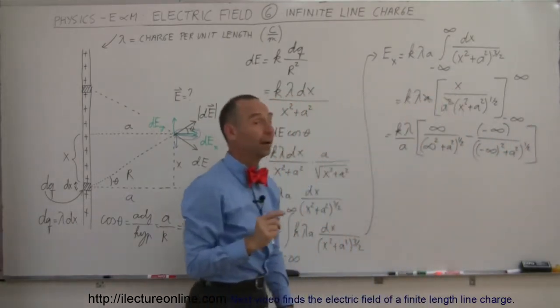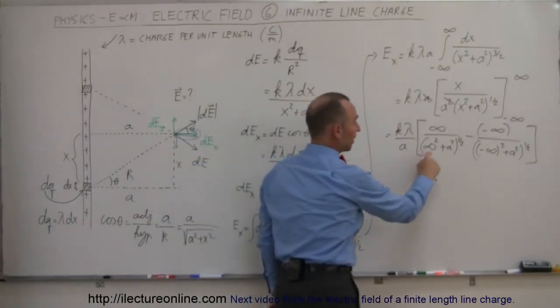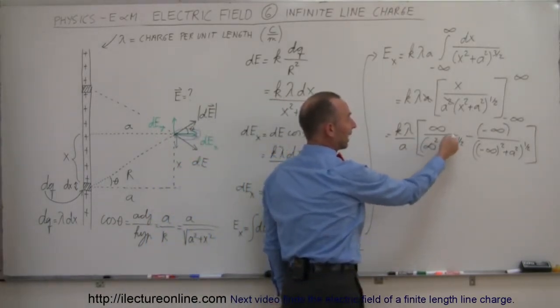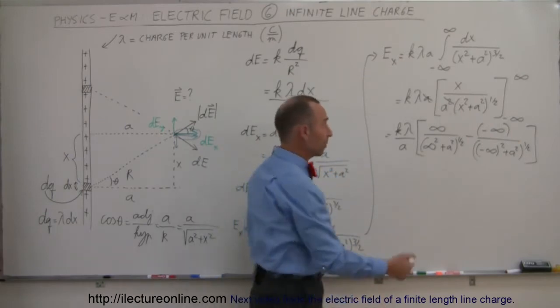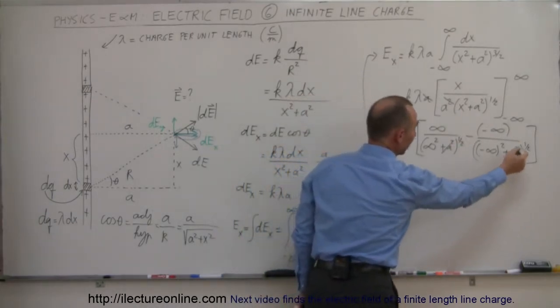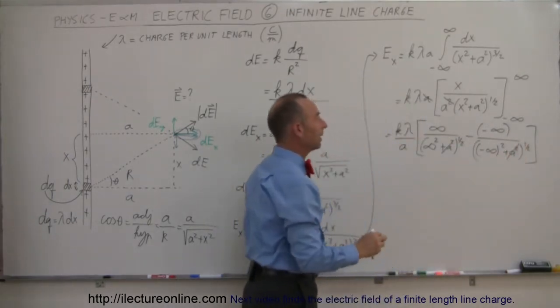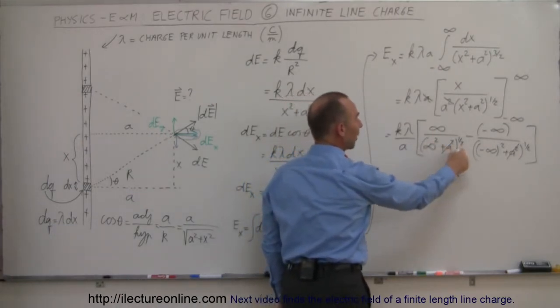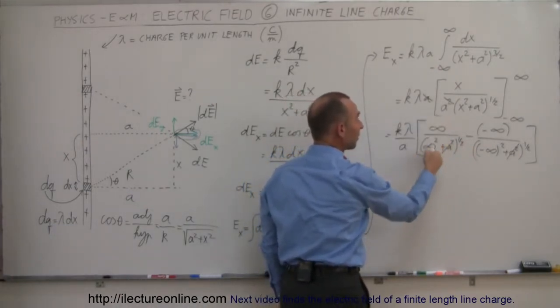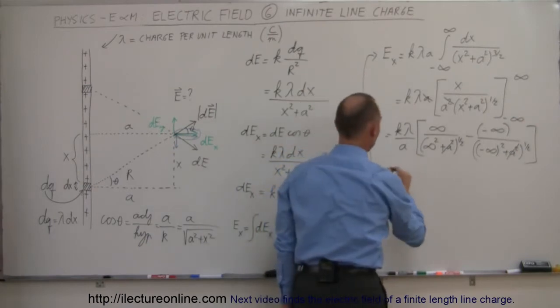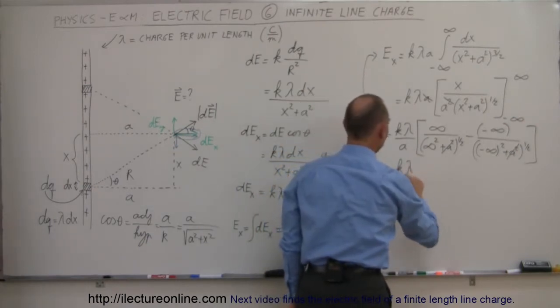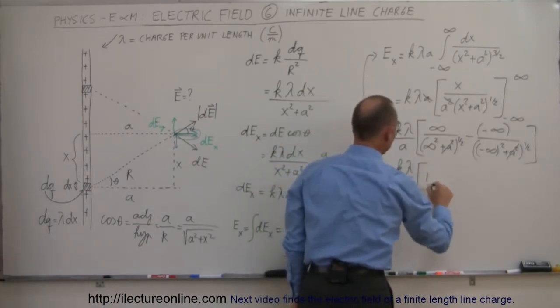Now, in infinity squared plus a squared, the a squared is so small relative to infinity that we might as well just ignore it, like it's not there. Same on this side. And then infinity squared to the 1/2 power is simply infinity, and infinity divided by infinity is 1. So this can be written as k lambda divided by a times 1.